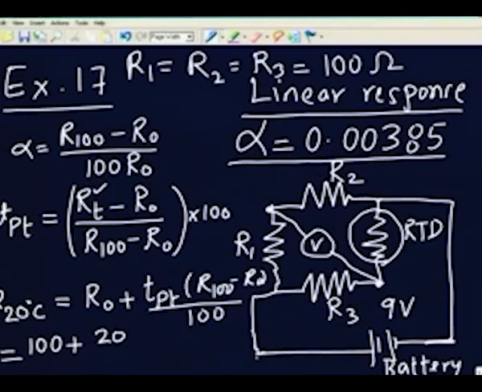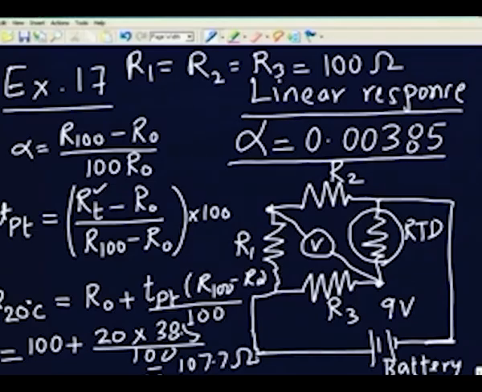Therefore, that will give you 100 into (1 plus 20 times 38.5 divided by 100), and this gives a value of 107.7 ohms. So, at a temperature of 20 degrees, the value of the resistance here is 107.7 ohms.